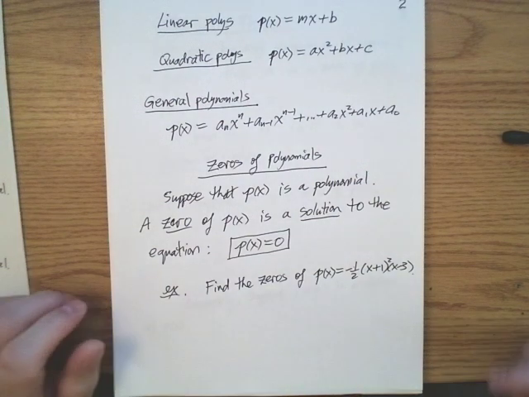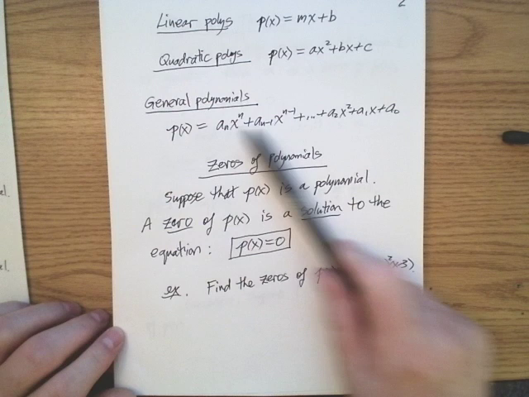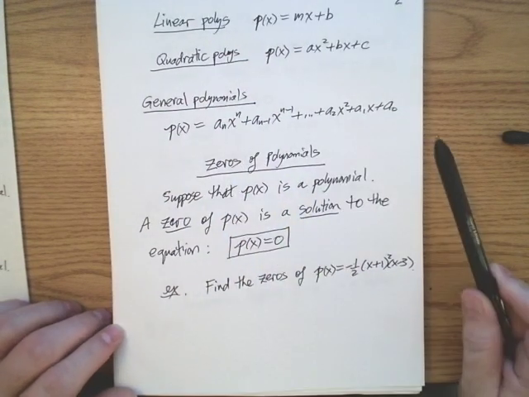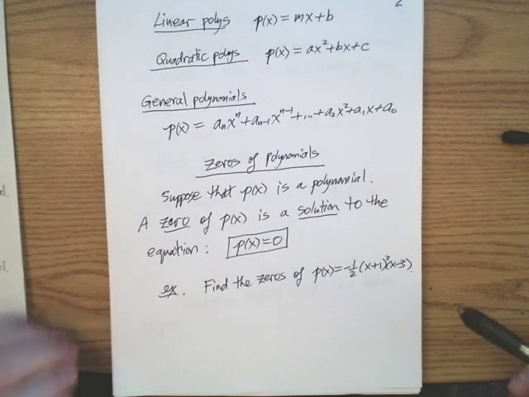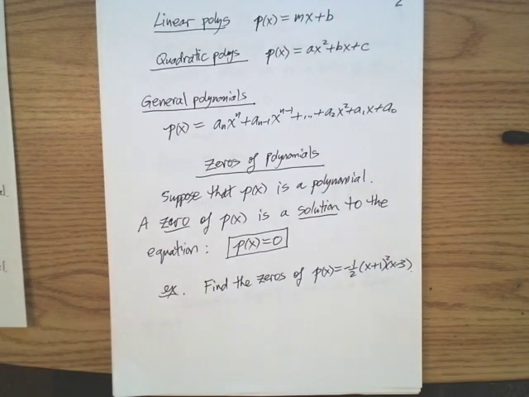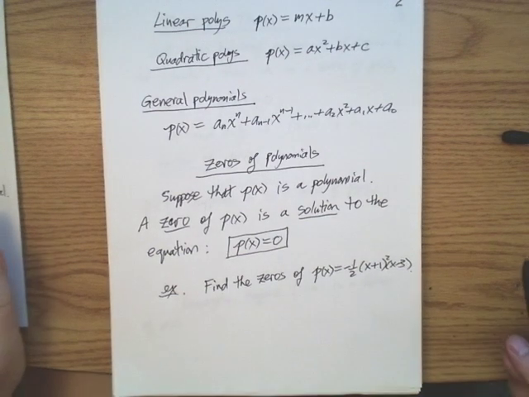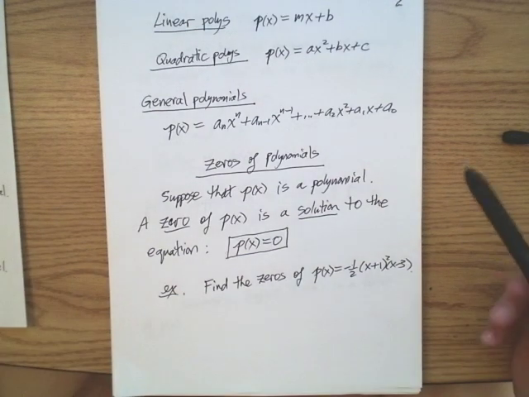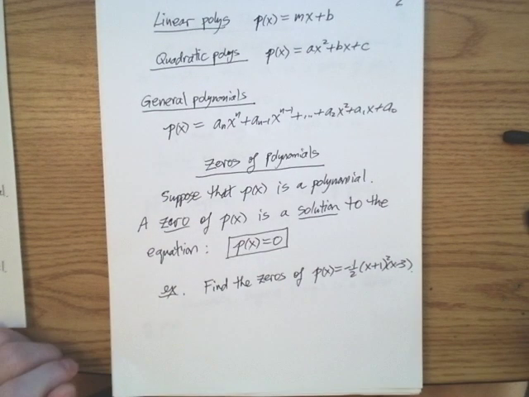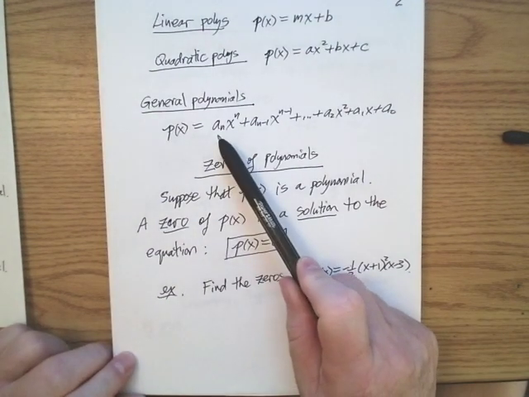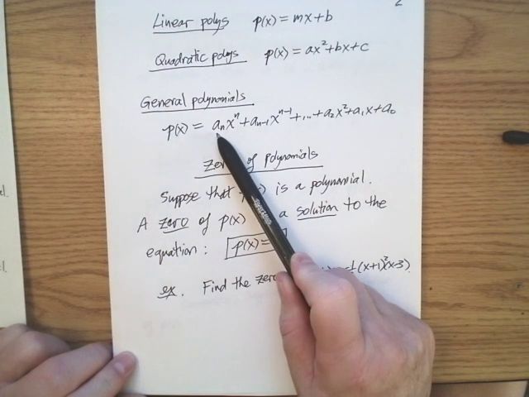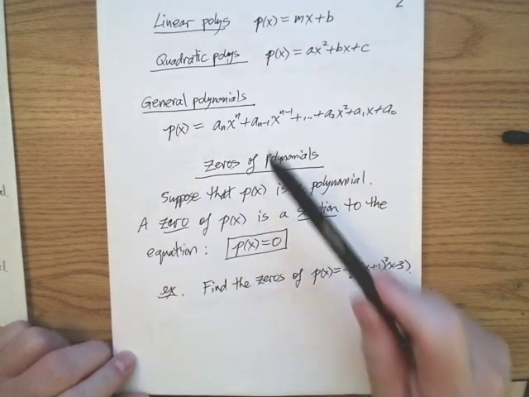Okay. Now, for a general polynomial, we don't even know how many terms there are going to be involved, what the degree of the polynomial is, in other words. So we can't just go a, b, c because there are only 26 letters in the alphabet. So instead, we use a slightly different subscript notation if we want to talk about polynomials in general. I say the coefficient on x to the n is a sub n.